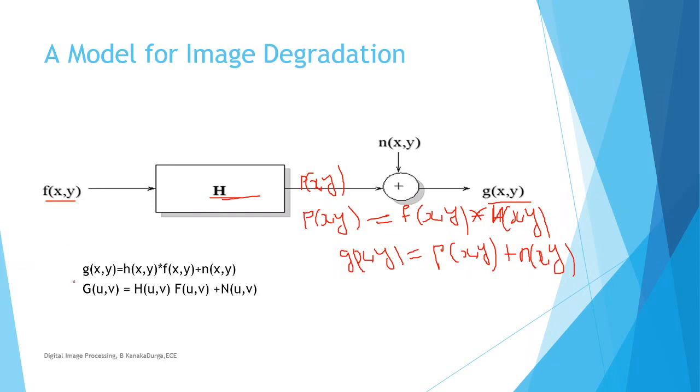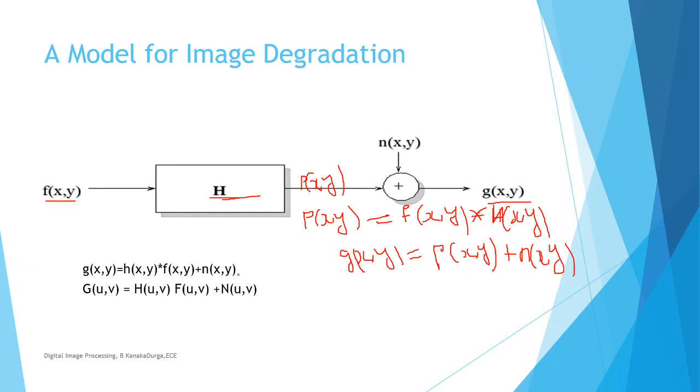So the degraded image can be estimated as g of x comma y is equal to h of x comma y convolved with f of x comma y plus n of x comma y. This is in the time domain or the spatial domain process.